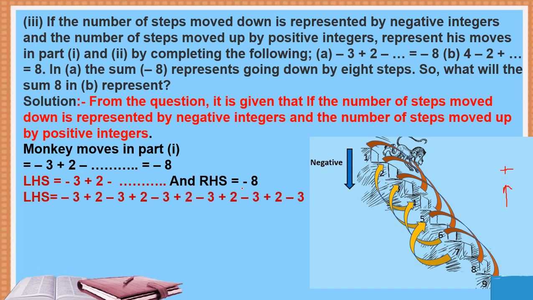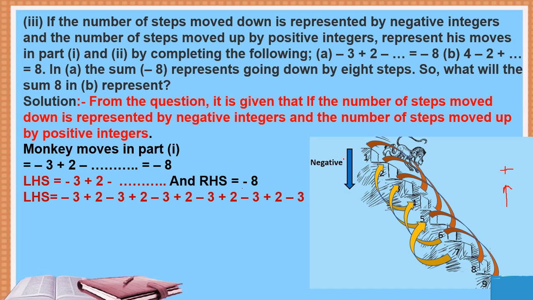According to the first solution, what we have done, the total number of jumps taken by the monkey towards the water level is 3 jumps. How many times has he taken those 3 jumps? 6 times. So this 3 we have to take 6 times.